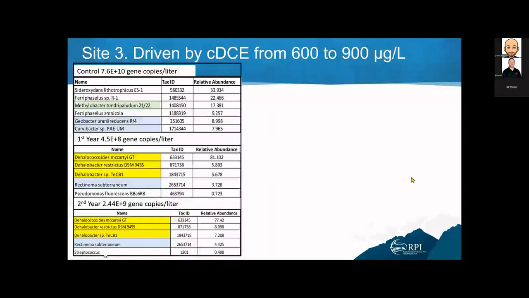Dehalobacter restrictus, basically 6%, the same with the other Dehalobacter TECB1 at approximately 6%. In the second year, you see basically the population replicated. Looks very, very similar, maybe slightly down on McCartyi and up on the other two.